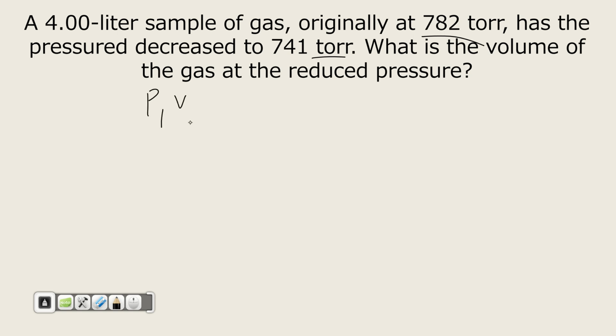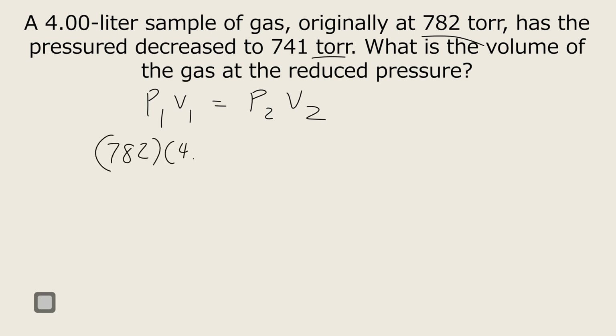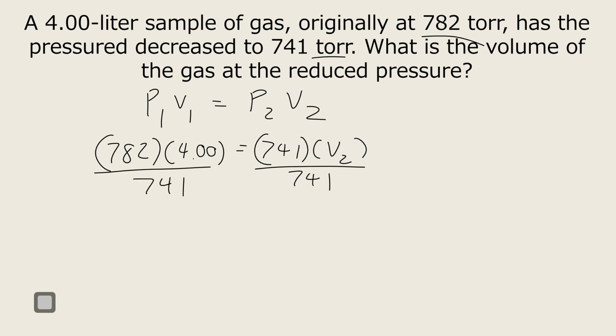So we got P1V1 equals P2V2. I got P1 is 782 times 4 equals 741 times V2. Divide by 741. 782 times 4, divide by 741.